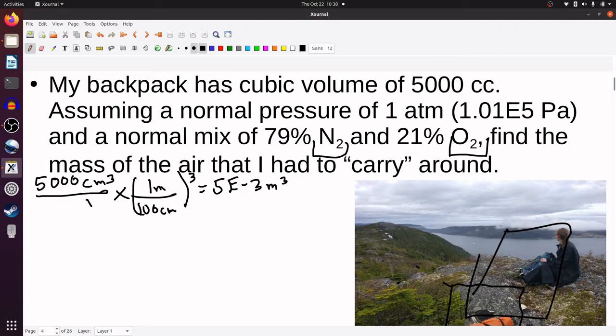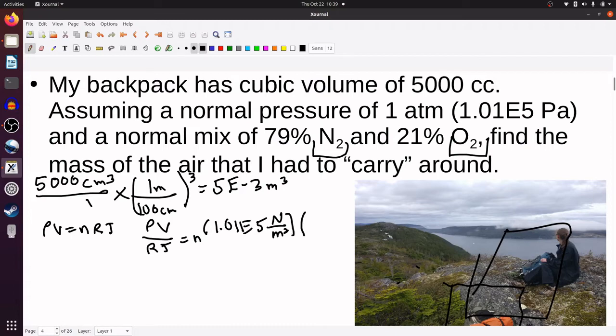So that's why you need unit conversions. You might work it backwards. So 5 times 10 to the negative third, we have that. And what we're trying to find is mass, and we know that PV, of course, equals nRT. So we're going to figure out the number of moles first. That means PV over RT is equal to n. Let's go ahead and plug in what we know. Pressure, which is 1.01 times 10 to the 5th, and I'm going to write this in newtons per square meter.